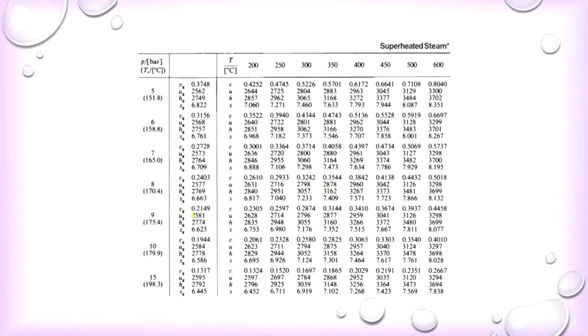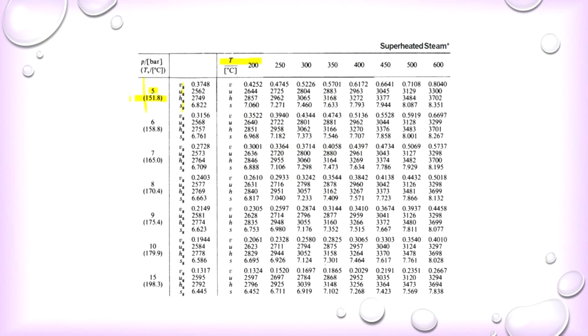Okay. So this part is for the superheated. You can see the temperature in this row, the pressure varying in this column. In this column here, you can see all these are the saturated properties, the dry saturated properties. So at pressure 5 bar, the water will boil at this temperature.